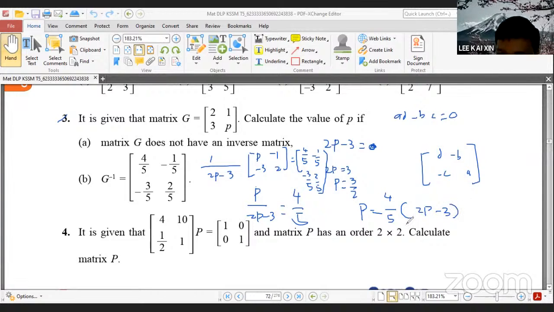Although this is a bit long, then you get 8 over 5 P minus 12 over 5. So we will get negative 3 over 5 P.